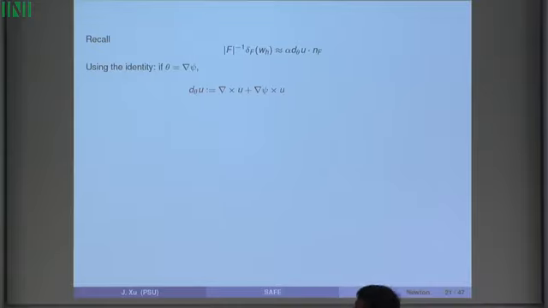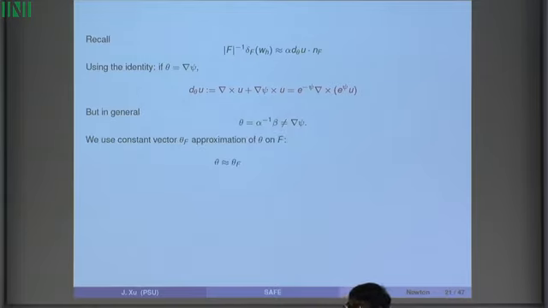So now I'm going to use the identity. If you say that equal to, you can symmetrize it. But the problem is that I don't have that luxury. So I make another approximation.